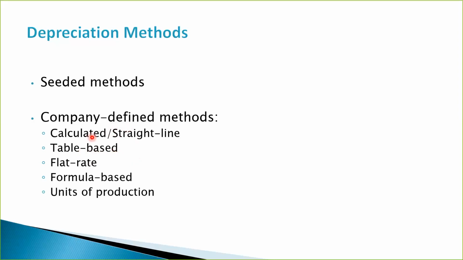So maybe the IRS in the US will have a table that contains certain rates of how particular assets should be depreciated. So not just any table can be used for any asset. There are some guidelines that are usually given for how to go about this.